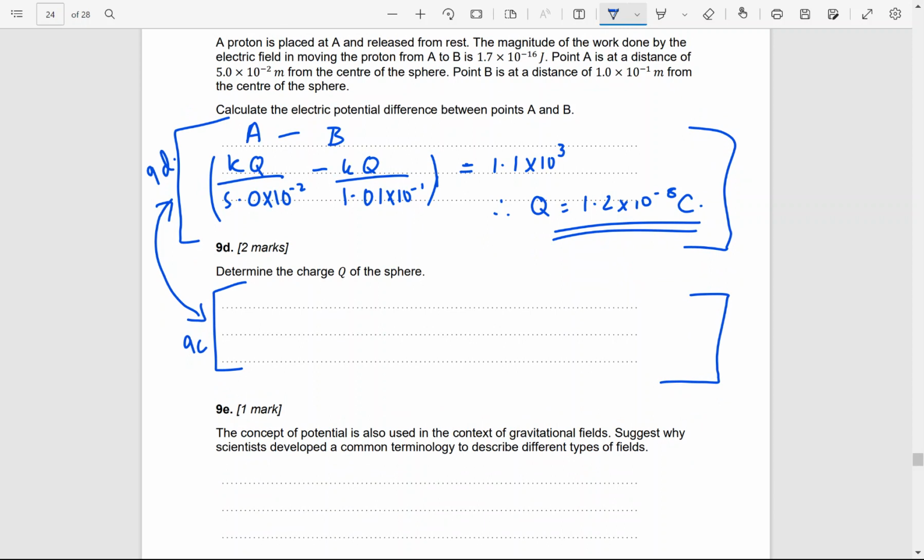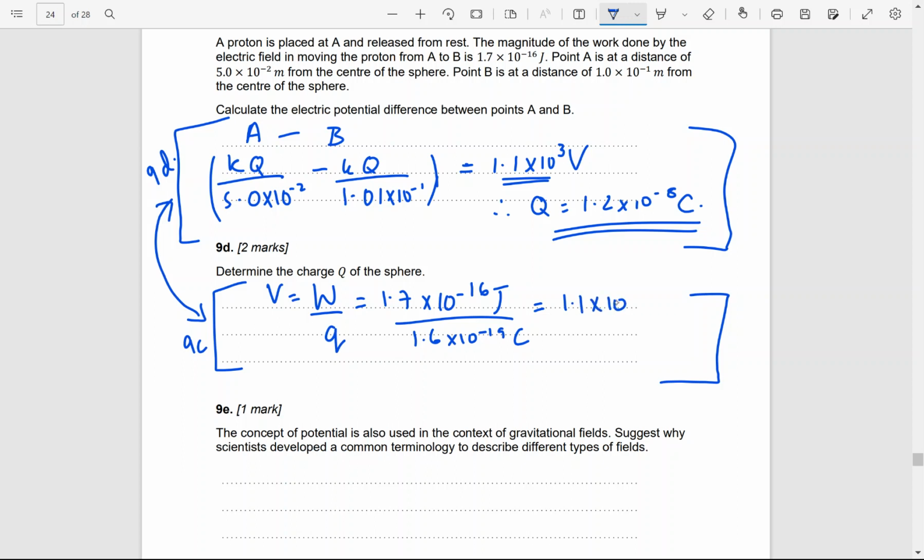I was trying to figure out where I'd got that number from in my working. That's actually the answer to 9D. So for 9C, the electric potential difference is 1.1 times 10 to the 3 volts. V is the work done divided by the charge, which is 1.7 times 10 to the minus 16 joules divided by the charge, 1.6 times 10 to the minus 19 coulombs.